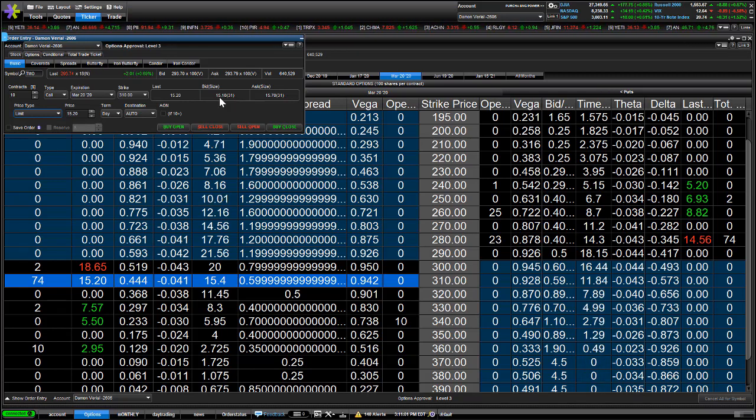So the midpoint is going to be 15.4. The last is what the option was purchased at or sold at previously. We don't really care about that. We care about the bid, and we care about the ask, and we care about the spread. Why is this important?